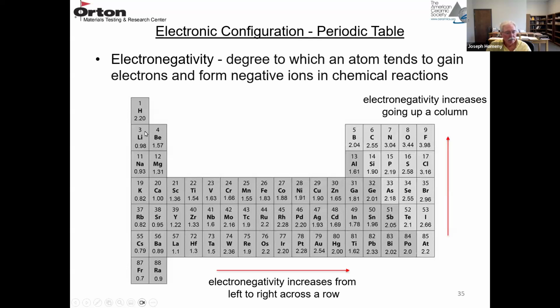And on this side of the periodic table, the electronegativity is less than 1. Cesium is 0.79, sodium is 0.98. So electronegativity increases going up a column, and electronegativity increases from left to right across the row.